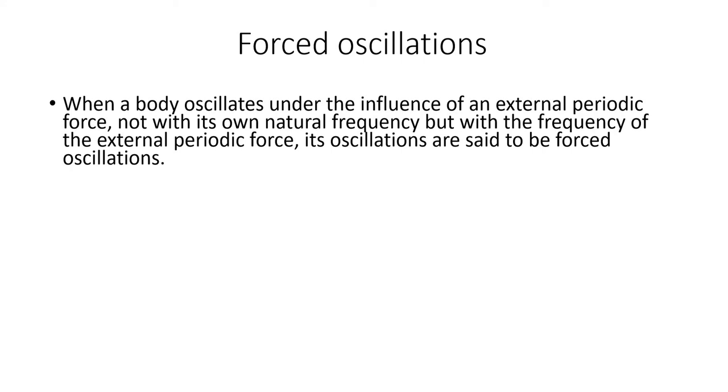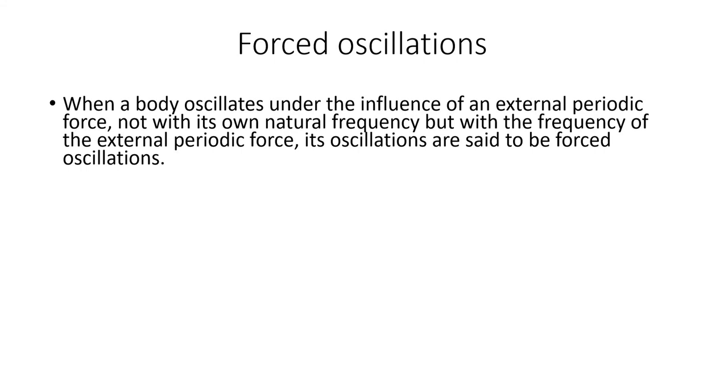Every system has its own natural frequency with which it can oscillate. Once it is displaced from the equilibrium position, that object will start oscillating. So all objects have their own natural frequency. But in the case of forced oscillation, the system is not oscillating with its own natural frequency; because of a periodic force it is oscillating, so it will oscillate with the frequency of that periodic force.